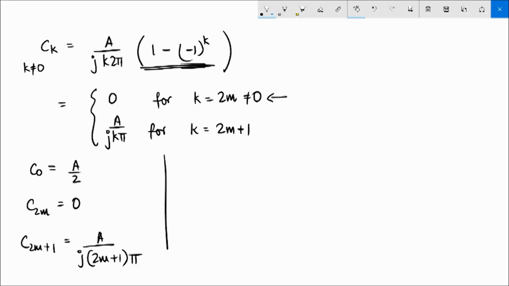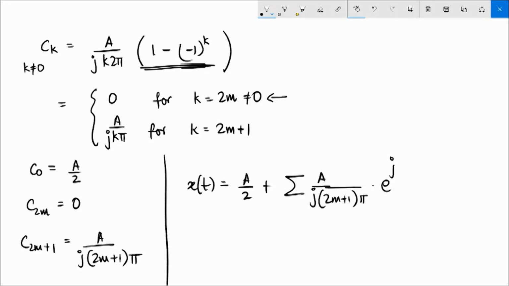So now I can write x(t) as A by 2 plus a summation of these exponentials, A upon j (2m plus 1) pi into e to the power j k omega naught t, and k is also 2m plus 1. So x(t) is actually A by 2 plus A upon, m varying from minus infinity to plus infinity.